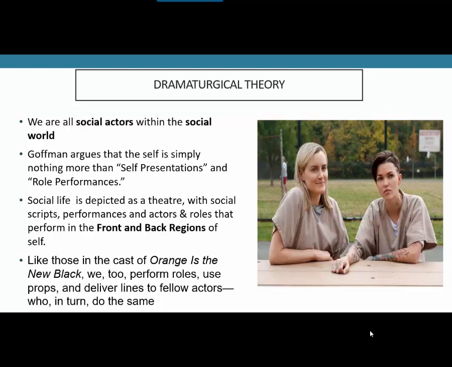And so he uses an extended theater metaphor where he describes us as being actors and the people that we're interacting with as being audiences, and we're utilizing props in the front region or front stage, which is where the performance slash interaction is taking place. And then we can drop our performance in the backstage or the back region.